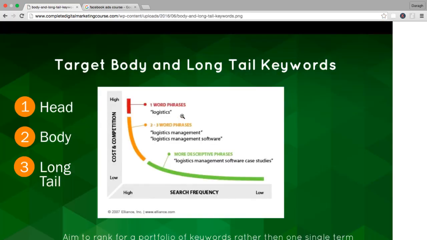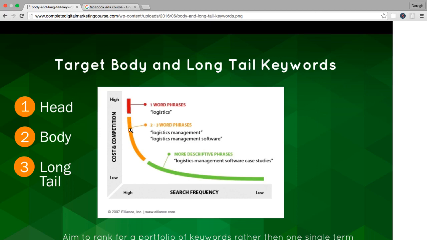And to explain this, I have a quick slide here. So think about keywords in 3 different categories. First are the head keywords. These are one-word phrases like logistics, and they're called head keywords because they really represent the head of the graph here. Then there are body keywords. These are 2 to 3 word phrases. You can see that these are less competitive.